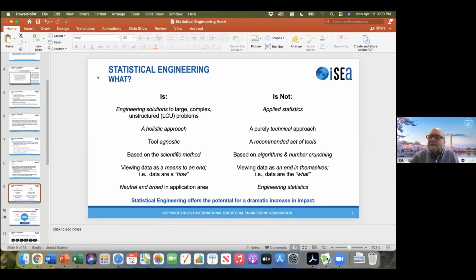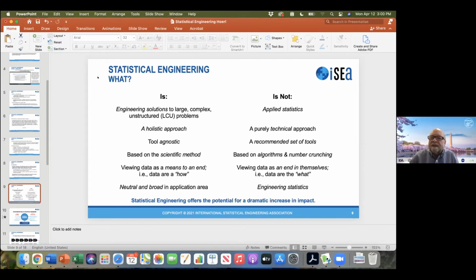Easy problems, you don't really need to engineer a solution to. So it's really about engineering solutions, not about applying statistics. The statistics become tools as opposed to the objectives. It's a holistic approach because we need to solve the whole problem. It's not a purely technical approach. It's tool agnostic, as I said, rather than a recommended or desired set of tools.